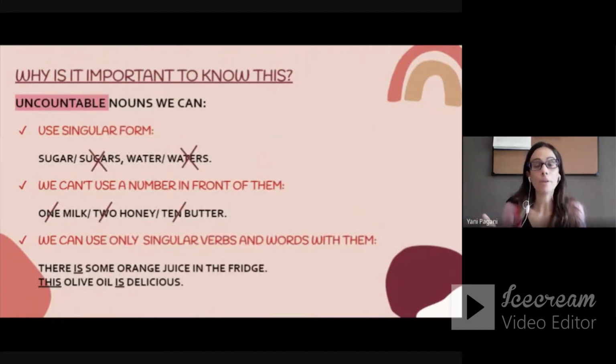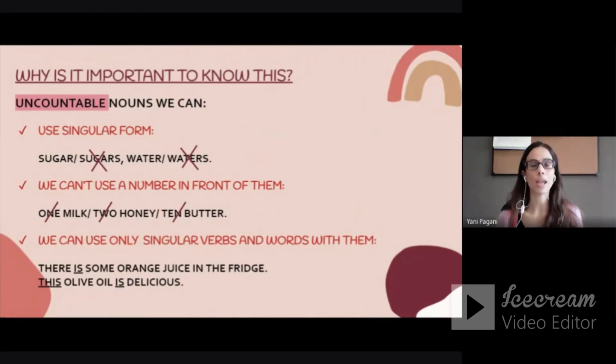Now, what happens with uncountable nouns? In that case, we should remember that we can't use plural forms of these nouns. We use only singular forms. So we say sugar. We don't say sugars. That's incorrect. We say water. We don't say waters. That's incorrect. Apart from that, we can't use numbers in front of them.